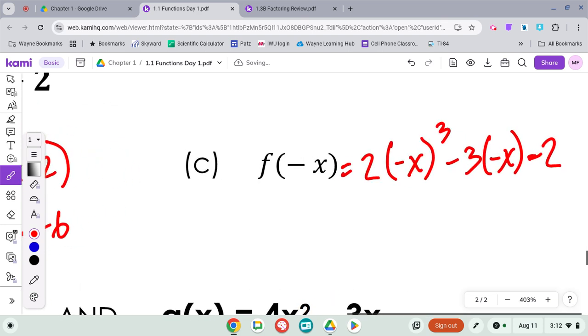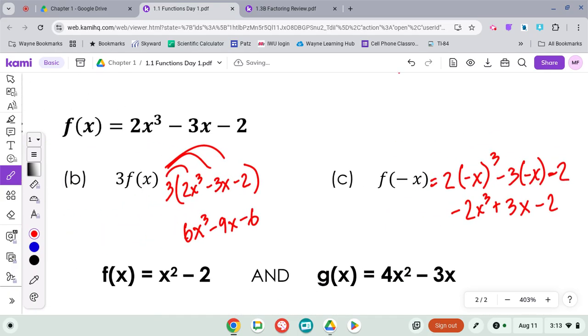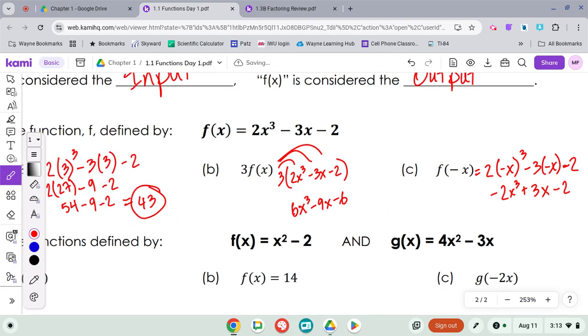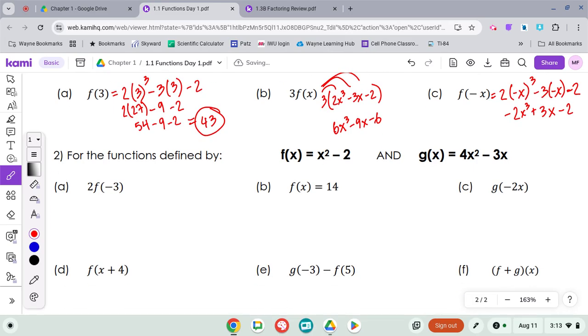Now on this particular one, it ends up not being the same. When we take negative x to the third, it comes out to negative x to the third, so this will be negative 2x to the third plus 3x minus 2. As you can see, that's not the same, which means this is not symmetric over the y-axis, if we think back to chapter 0.